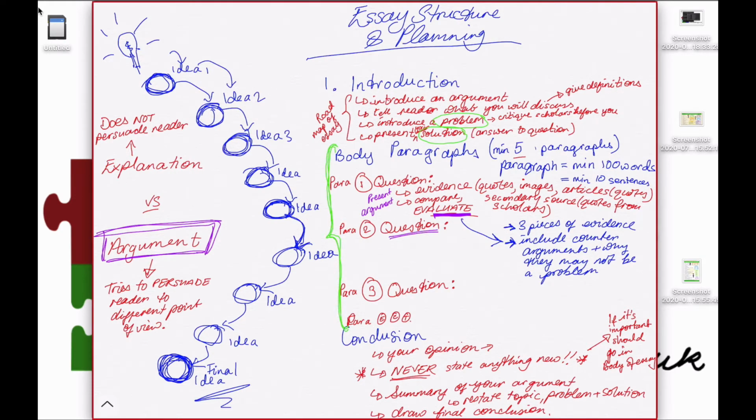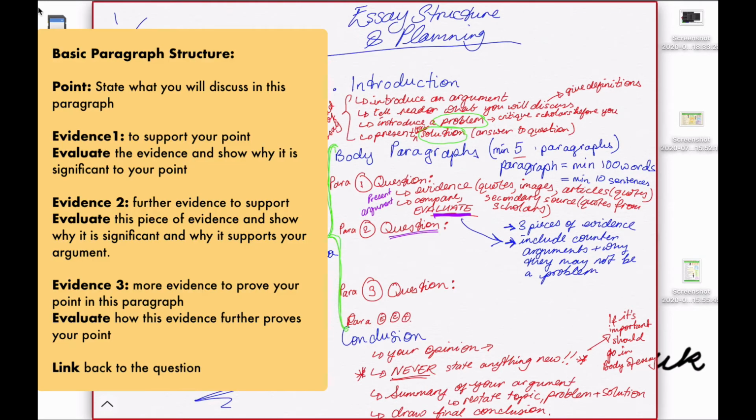Now, when it comes to paragraph structure, did they teach you PEEL or PEARL or something like that? PEEL, yeah: point, evidence, explain, link. So we're going to expand on point, evidence, explain, link. You will have a point. You absolutely need to make a point in the first sentence of your paragraph, because this introduces the idea that you're going to discuss in this paragraph.